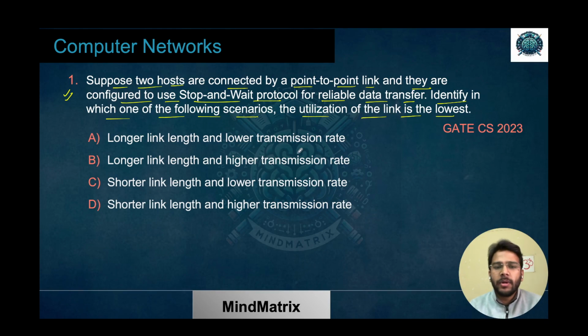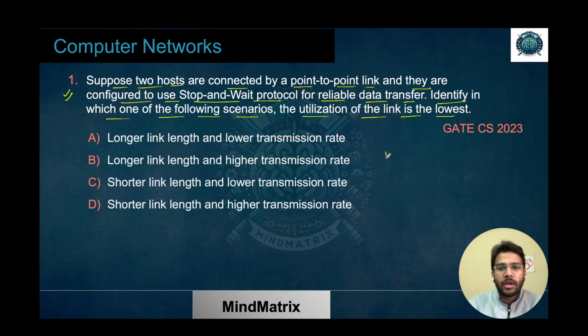So in case of stop and wait protocol, as the name suggests, first we are going to send the data, then we are going to wait for the acknowledgement of receiving the data, and then we are going to send the next data packet. Okay, so this is stop and wait. So here it is asking that we have to find out in which of the following scenarios the utilization of the link is lowest.